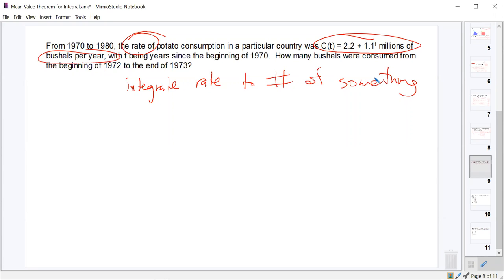So if we want to figure out how many bushels of potatoes were consumed, given this rate 2.2 plus 1.1 to the t power millions per year, all we need to do is write this out as an integral, 2.2 plus 1.1 to the t dt, and then figure out the appropriate limits of integration. Does that make sense?